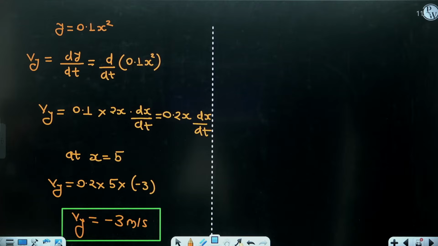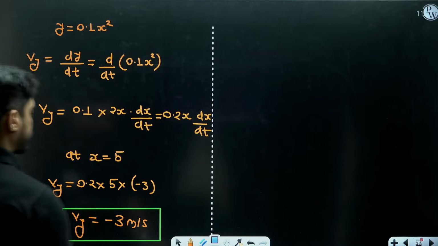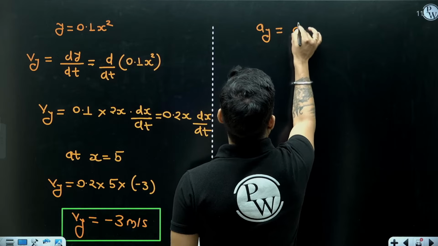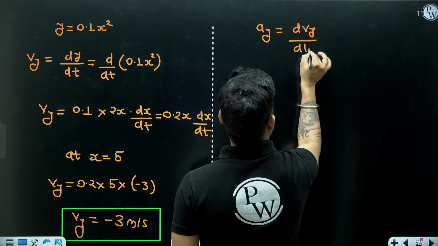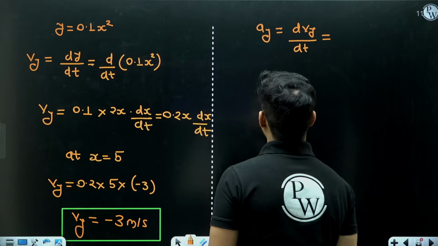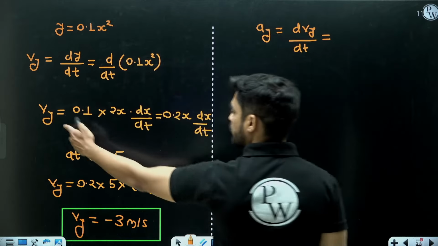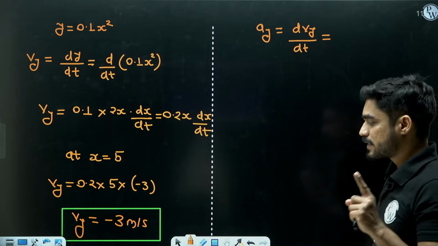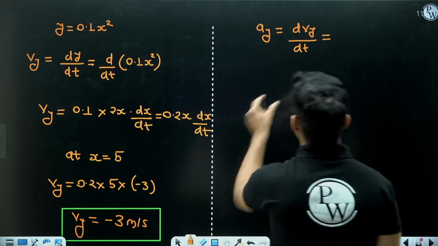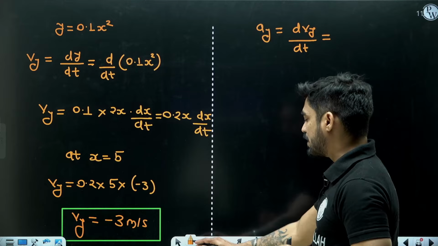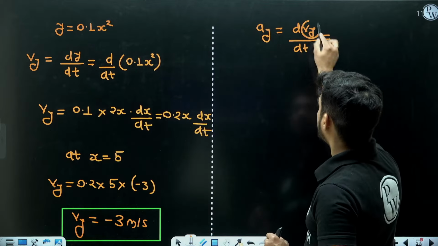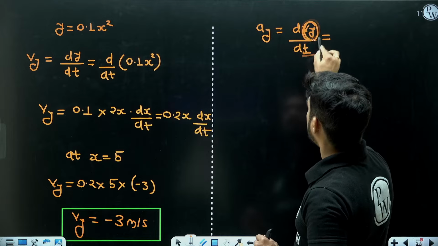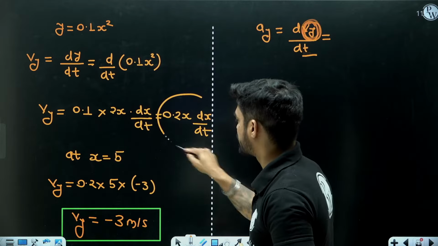Now we need to find the acceleration in y. What will be acceleration in y? Ay will be dvy by dt, right? Now we already know the equation of Vy. Now what some people do is they put the value of Vy here. Beta, Vy is not constant, right? It depends upon time. So you need to put the equation of Vy, which is this.